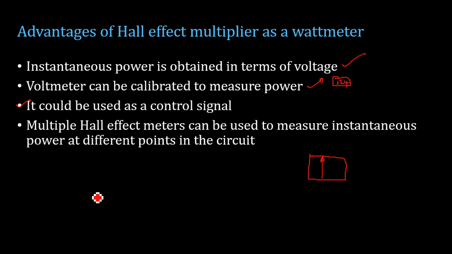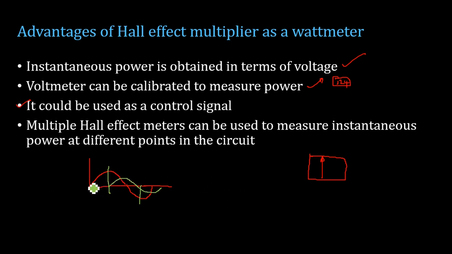Suppose you are trying to measure the power consumed in a purely inductive coil. In a purely inductive coil, you have a voltage, and your current will be lagging behind the voltage by 90 degrees. Once you instantaneously multiply them, at some points you get the power as 0, and at all other points you get a fluctuating power.